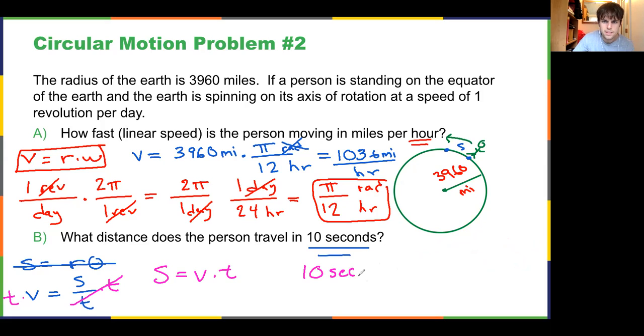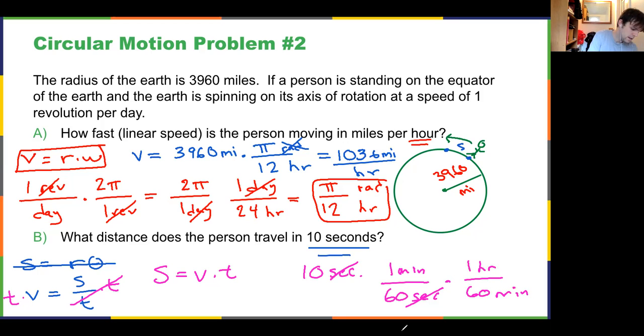So 1 minute is equivalent to 60 seconds. So that converts it into minutes. And then 1 hour is equal to 60 minutes. So really what I'm doing here is dividing by 60 twice.